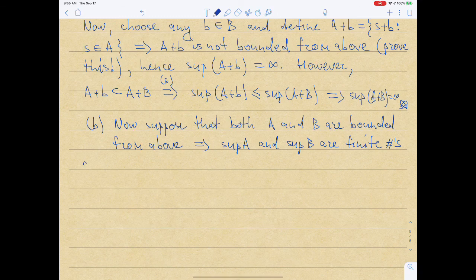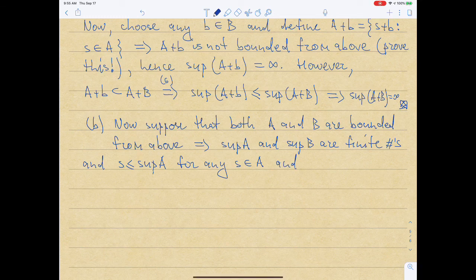And because supremum of A is an upper bound on capital A, that means that if I choose any element of capital A, then that element must be less or equal than supremum of A. So this should be true.